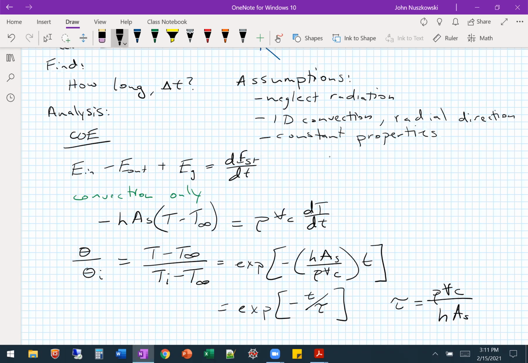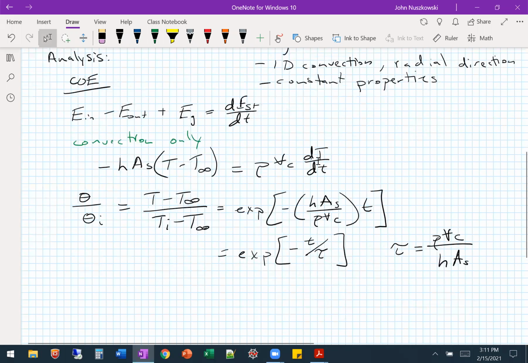We also said it's an isothermal shaft, so that the temperature at any given point throughout the whole shaft is the same.